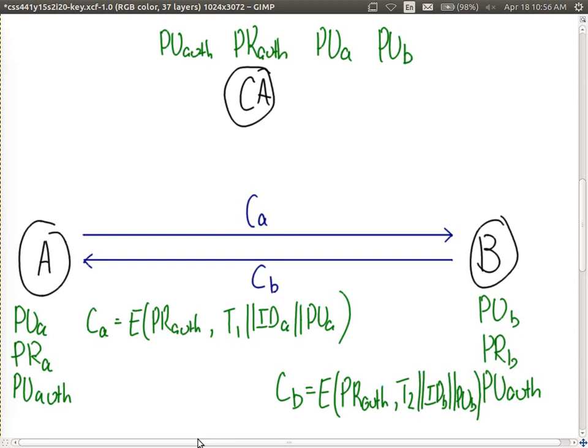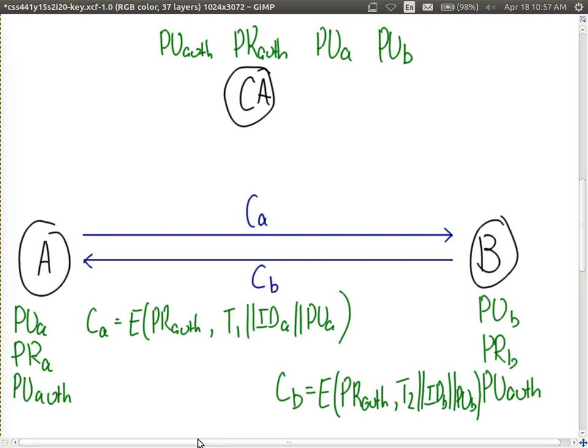Well, how do we use the certificate? When B receives the certificate of A, the certificate of A is signed by the authority. When you receive a certificate that is signed by someone, you verify. So when B receives the certificate of A, it verifies using the public key of the authority. And B knows the public key of the authority.